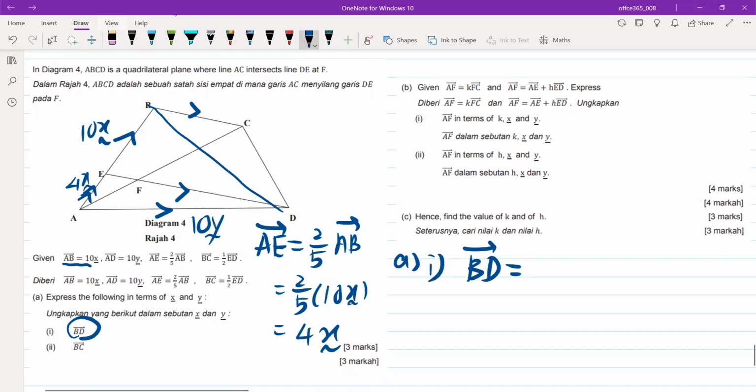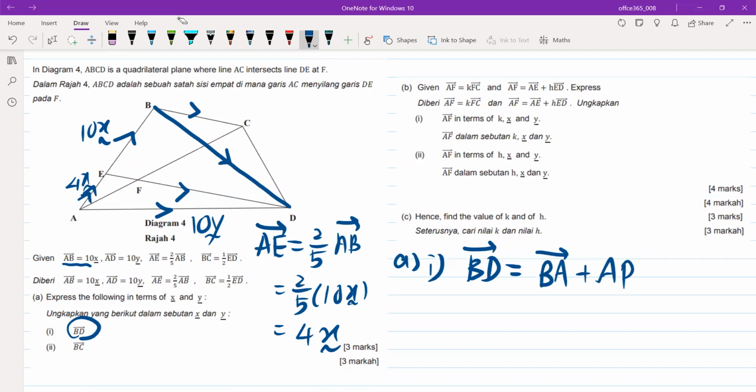B to D is B to C plus C to D, or even better, BA plus AD, which is easier because there is information. So you find the information to connect them. Although there are a few methods to reach point D, you can use the information way. BA is negative 10x because AB is 10x, and AD is 10y.